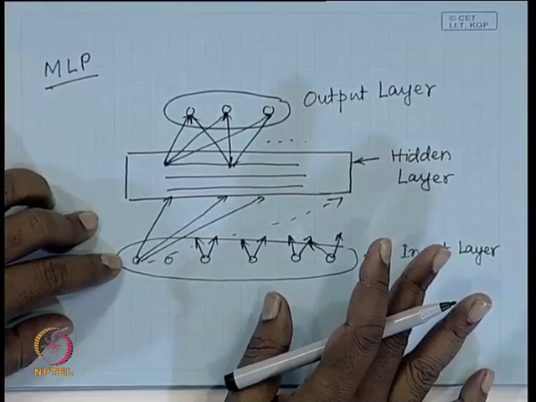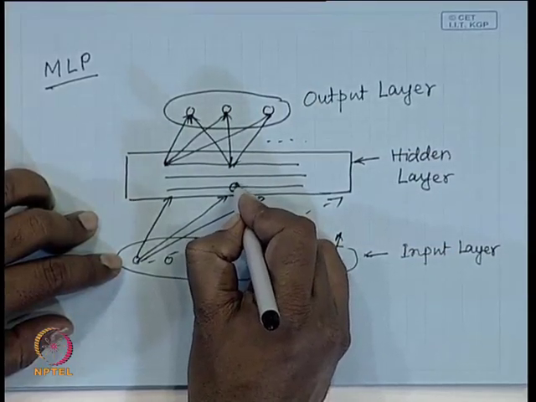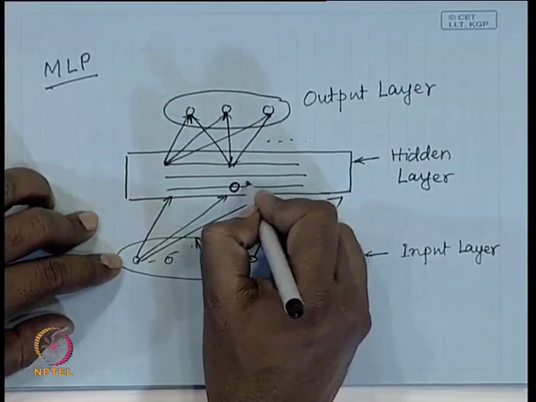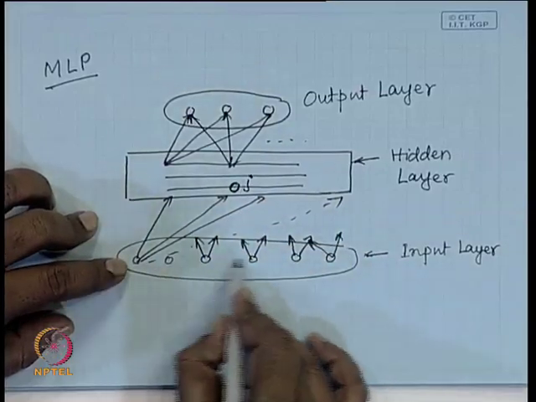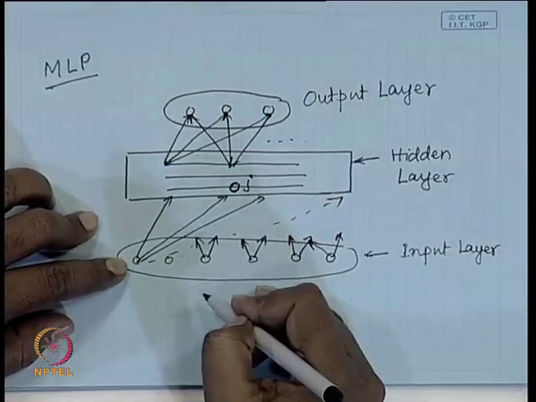So, when I take any node, let us say the jth node, it gets connections from every node in the previous layer, the ith layer.